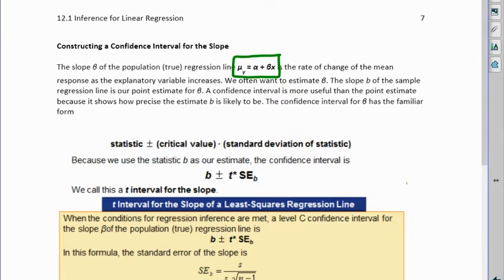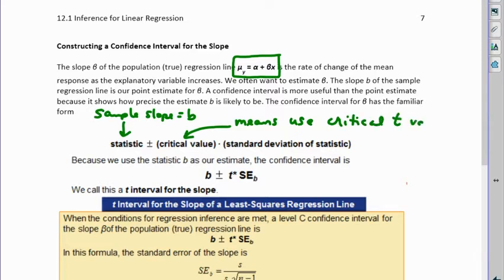If you look at the symbols, a has become alpha, b has become beta, but we're doing an interval, so we need our sample slope. So we're using the sample value, and then we need a critical value. Since this is looking at means, our critical value is going to be a t-value.